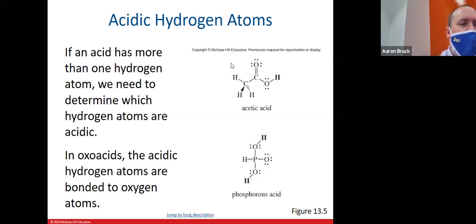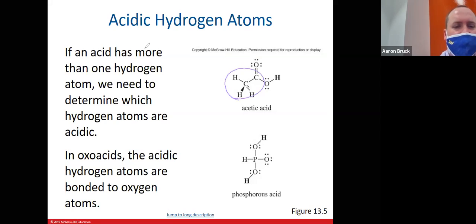So if my acid contains a series of carbons, or in this case, we've got some kind of a polyatomic ion like the phosphite ion, your acidic hydrogens tend to be the ones that are attached to oxygens.